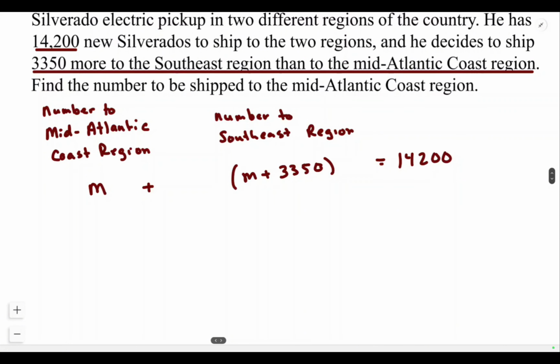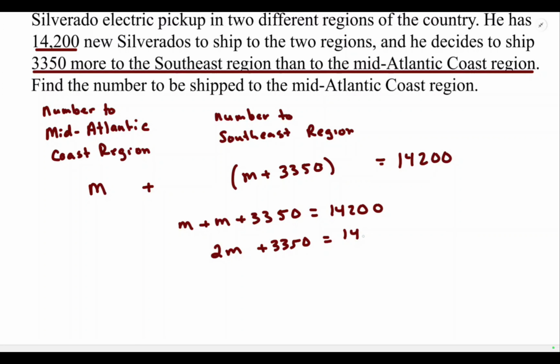So we have pretty much M plus M plus 3,350 is equal to 14,200. Now, M plus M is just what? 2M. Plus the 3,350. And that's equal to the 14,200. So now we're going to subtract that 3,350 to the other side.